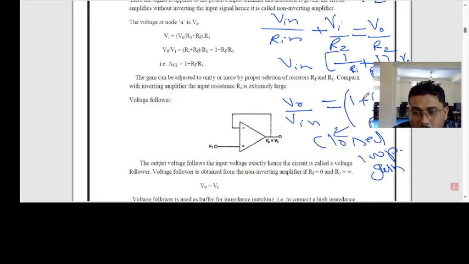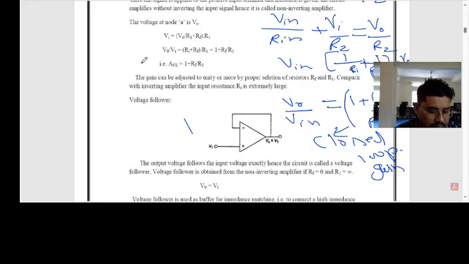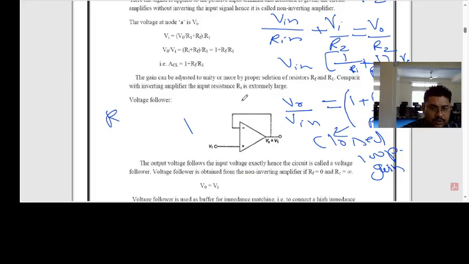If we put R2, or RF, equal to 0, then this term becomes 0.